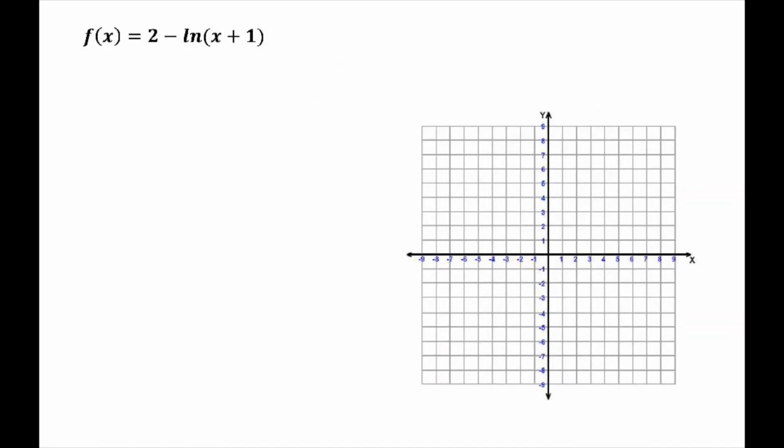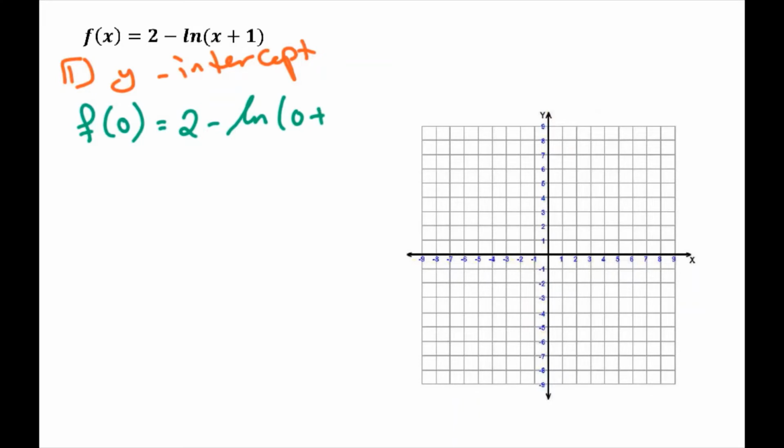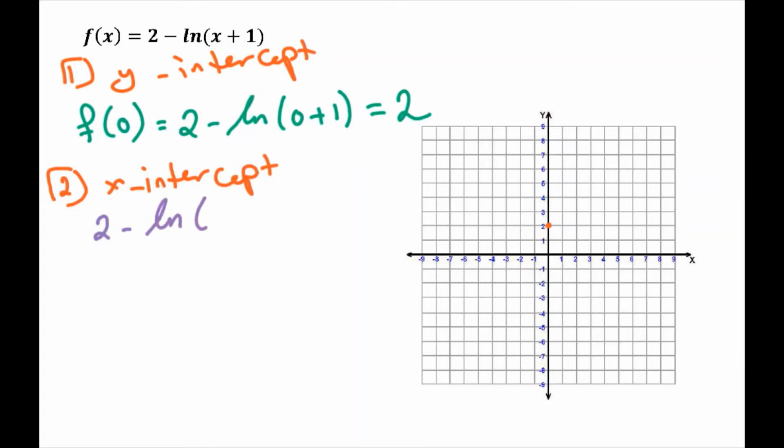Now in this question here, we're going to follow the same steps. So finding the y-intercept, and that's when f of 0 equals 2 minus ln of 0 plus 1, and that's going to be equal to 2. Okay, and 2 is here. Okay, now next we're going to find what? x-intercept. And x-intercept is when the function equals 0.